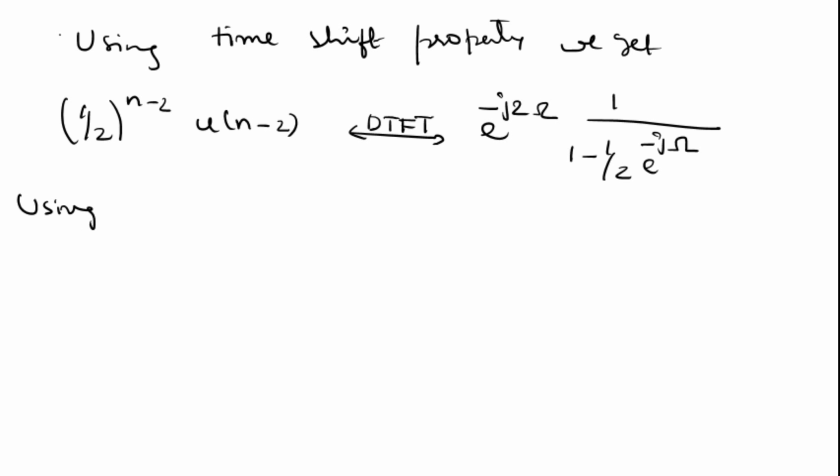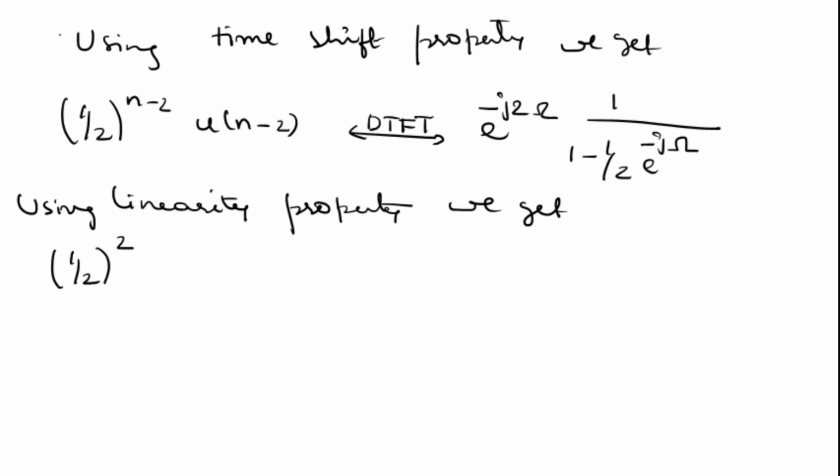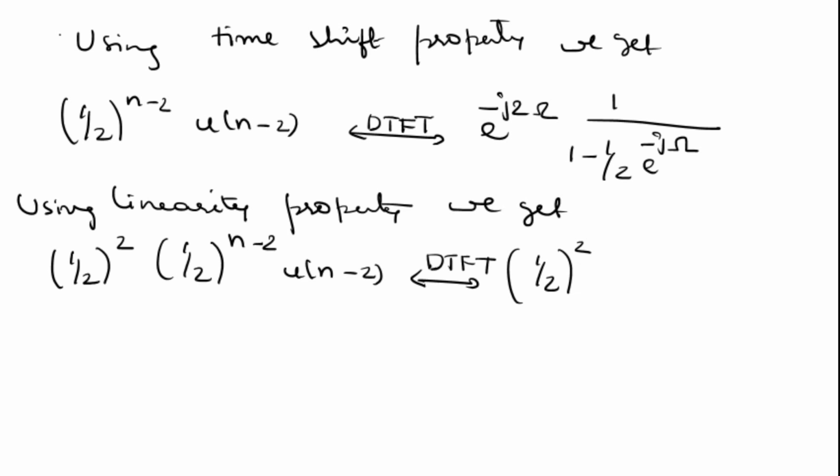And using linearity property, we get half square into half to the power n minus 2 into u of n minus 2. If we take DTFT, we get half square into e power minus j 2 omega into 1 divided by 1 minus half into e power minus j omega.